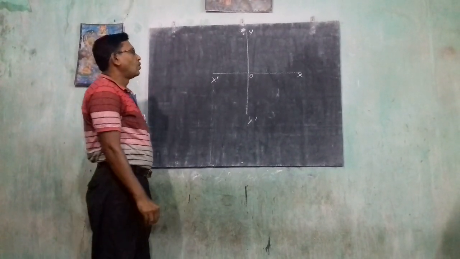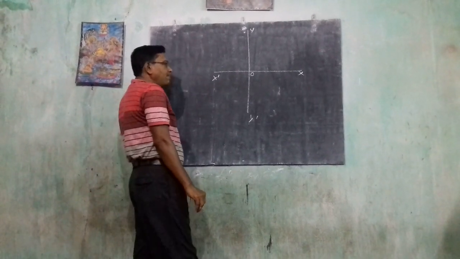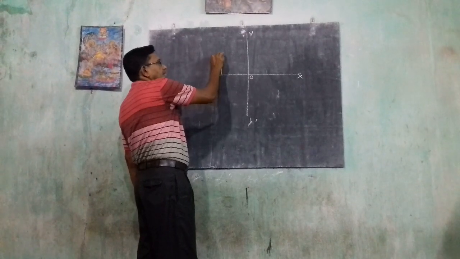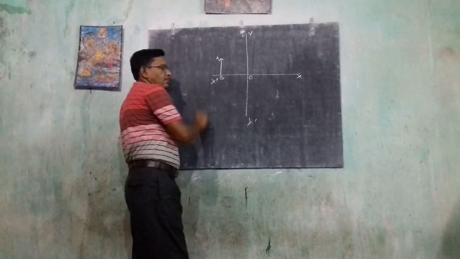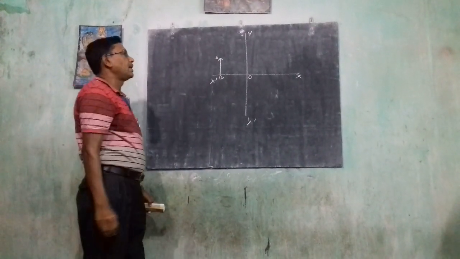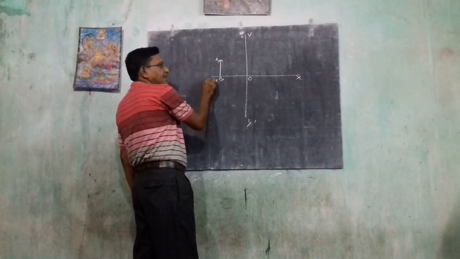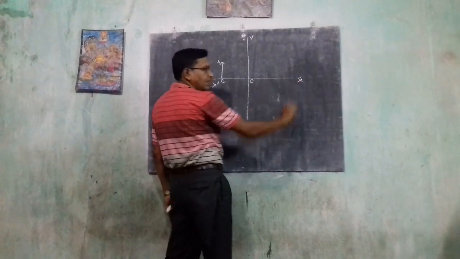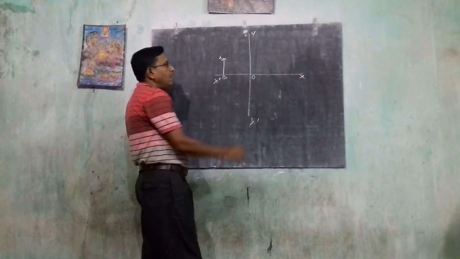Now suppose the object is placed on the x dash axis. In the Cartesian plane, from O to x dash is negative, and O to x is positive.